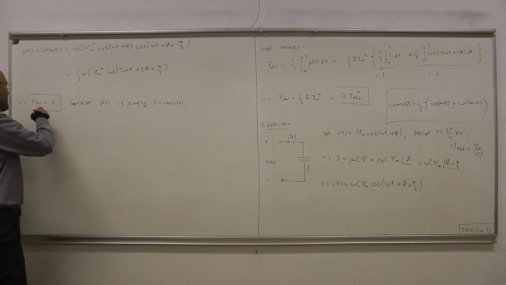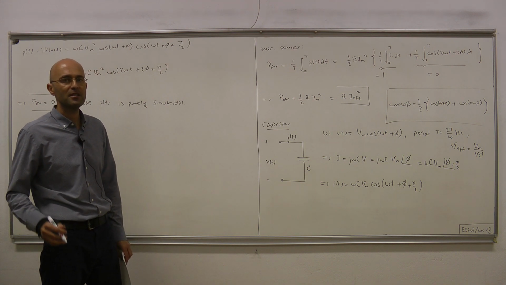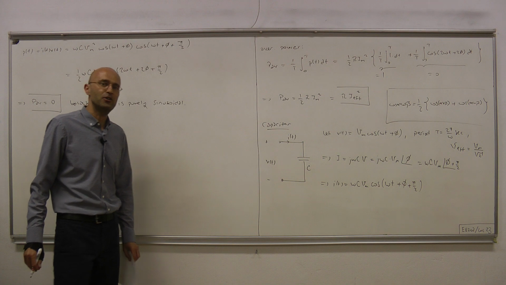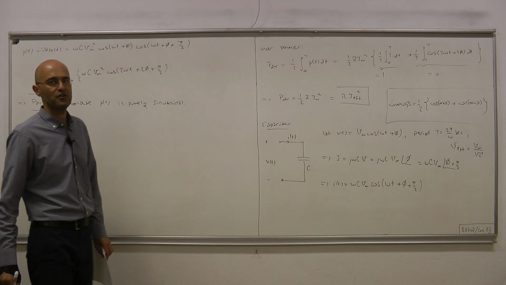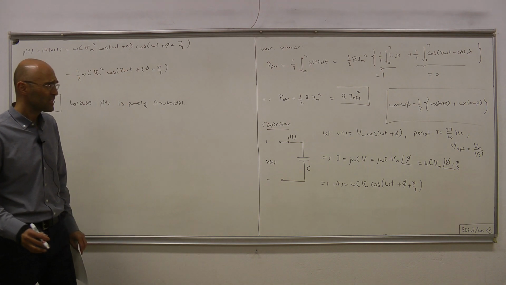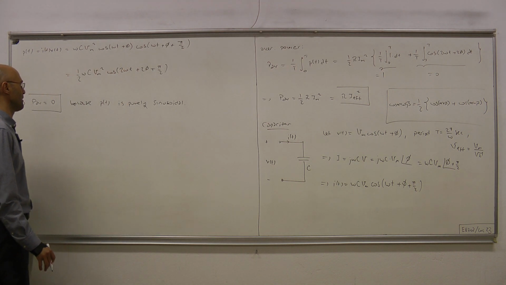Whereas for the capacitor, the average power is 0. So that means during some times, the capacitor is extracting energy from the circuit, so it's storing energy, and at other times it gives back the energy stored in the previous times, okay?